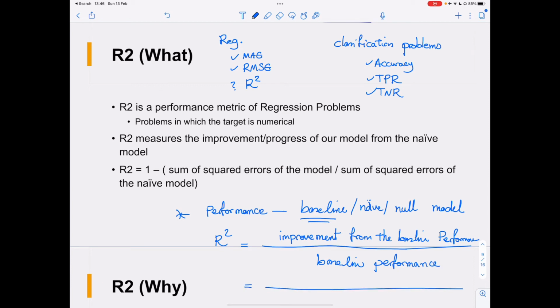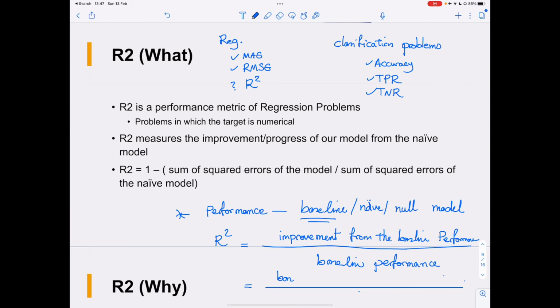Well, the improvement is basically nothing but the model performance minus the baseline performance, over the baseline. The improvement is nothing but the difference between the model performance and the baseline performance.